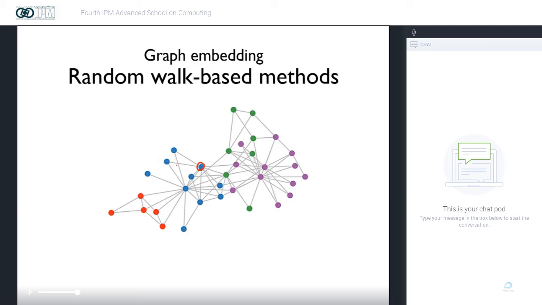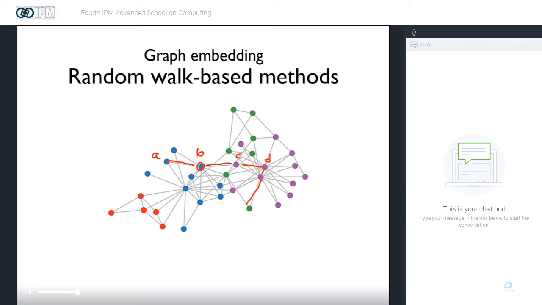What we do is to set a number of random walks, starting from here, going from there, going to another node in here, passing from here, and then going to here, and maybe stopping at this node here. So what we have here is something like an artificial sentence, starting from this node here. Let's say this is A, B, and we are interested in representing B.